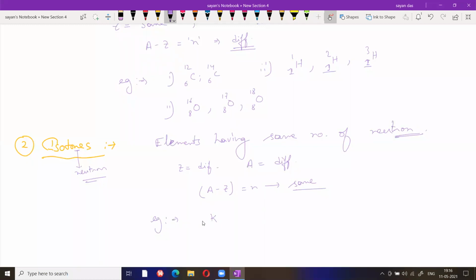Example: potassium 19,39 and calcium 20,40. What is the difference between these two? This one is 20, this one is also 20. Neutron number is the same.